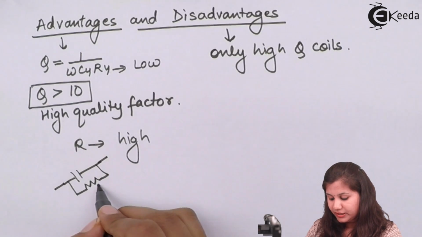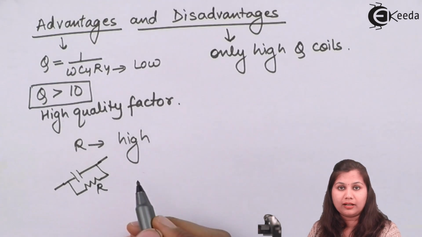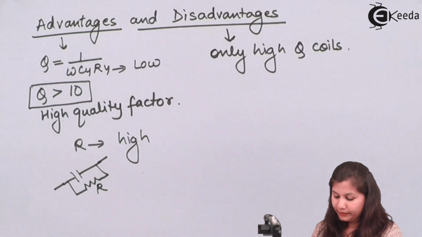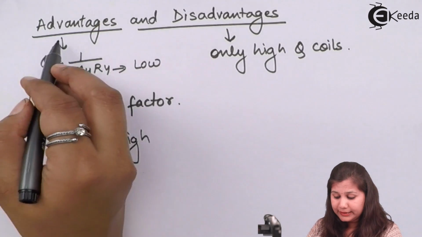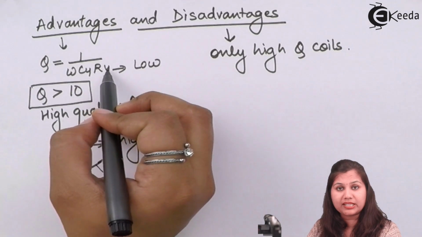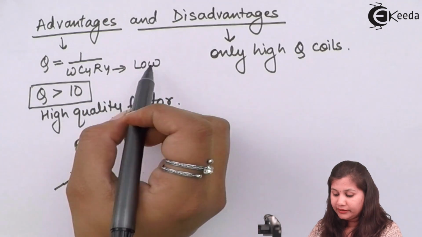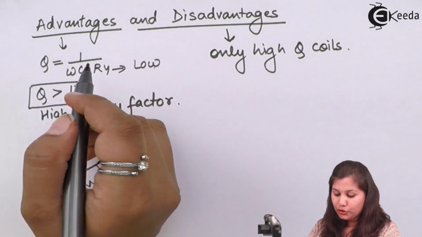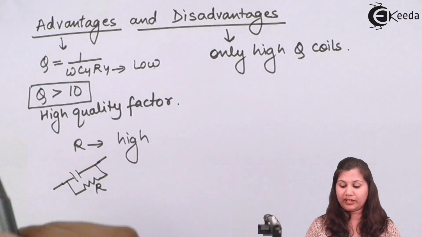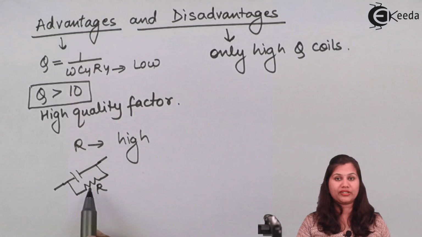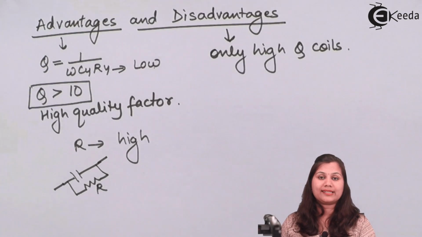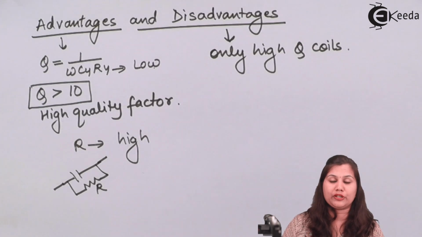There the resistance has to be very high for a high quality factor, whereas here the resistance is low. So these are the advantages and disadvantages of the Hayes bridge.